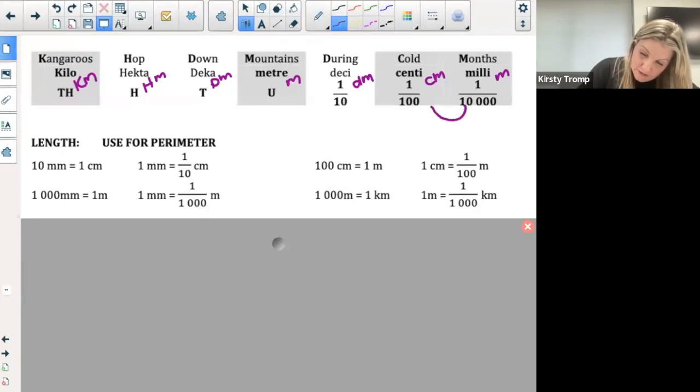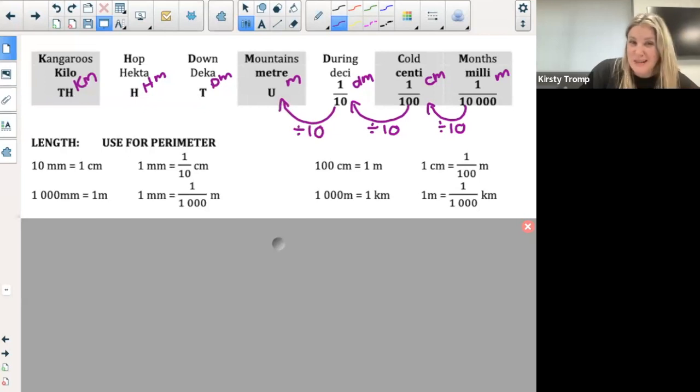1, 2, 3. So divide by 10 because I'm going this way. Divide by 10 because I'm going this way. Divide by 10 because I'm going this way. So in other words, how many zeros do I have? 1, 2, 3. So that's the same as dividing by 1,000.